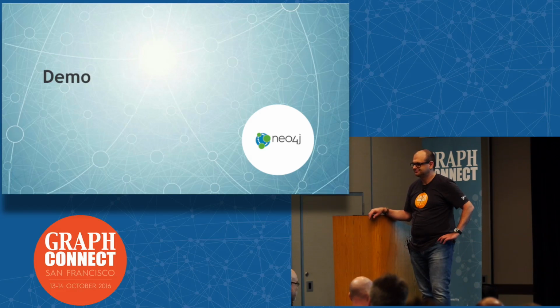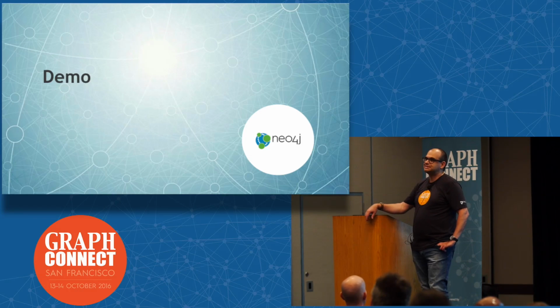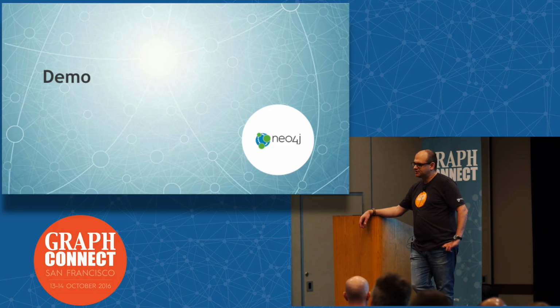One of the drawbacks of Zeppelin is that the visualization is limited. So using Neo4j, can you also provide some more visualizations in Zeppelin for graphs specifically? Currently in Zeppelin there is no graph-specific visualization. I think this needs to be an add-on to the interpreter. As I said, I just learned about Zeppelin last week, so I need to drill in, but I think it should be easy to extend.